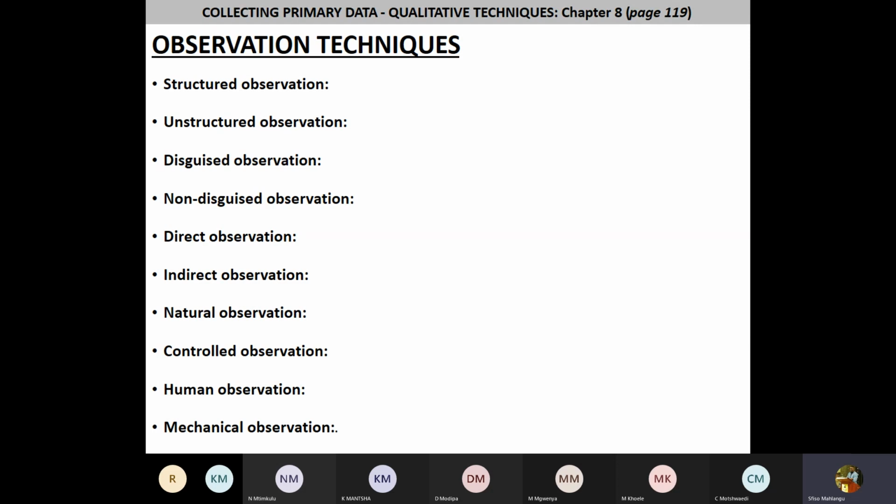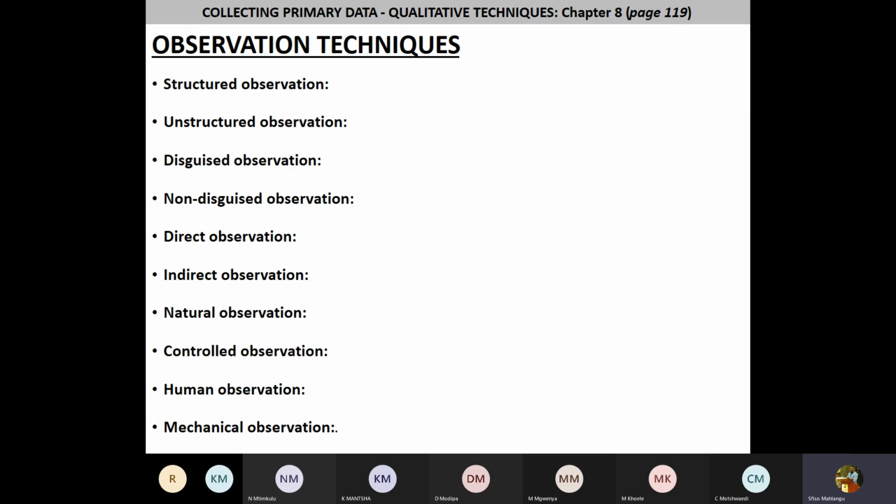respondents. But if you read in the textbook, there in that box on page 157, observation is the systematic recording, description, analysis, and interpretation of the behavioral patterns of people, objects, or occurrences in a manner that does not involve direct communication with the respondents.